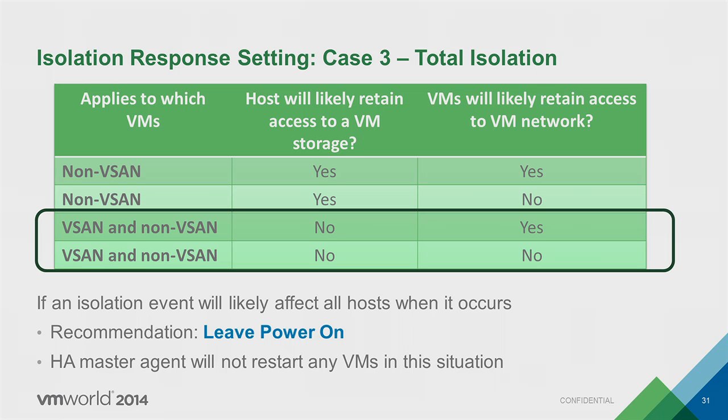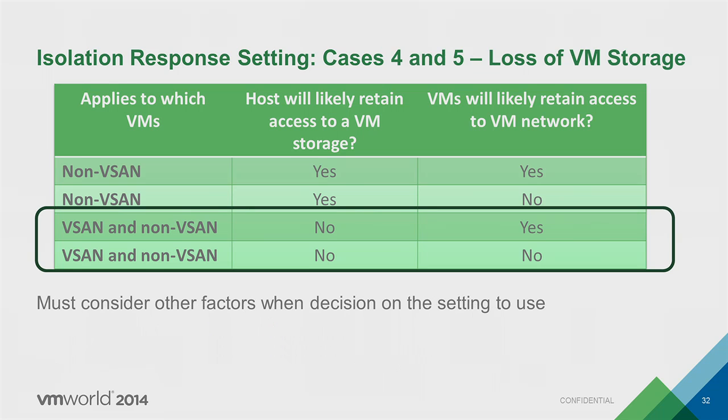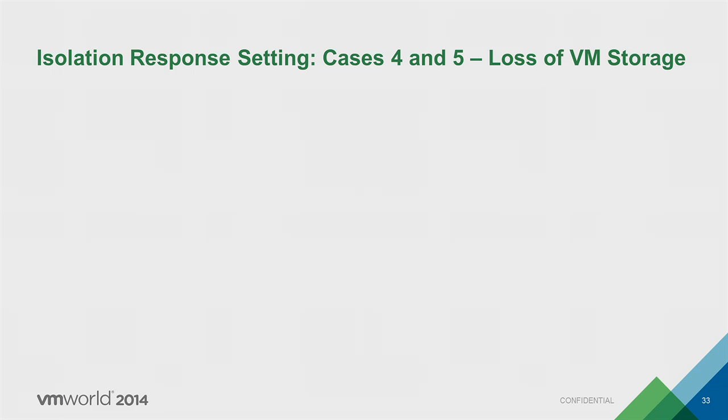But if it is only a subset of hosts that are affected by host isolation, and the VM also loses access to storage, then there are other factors that you must consider, which I'll go into in the detailed slide. I'll do my best to explain this.